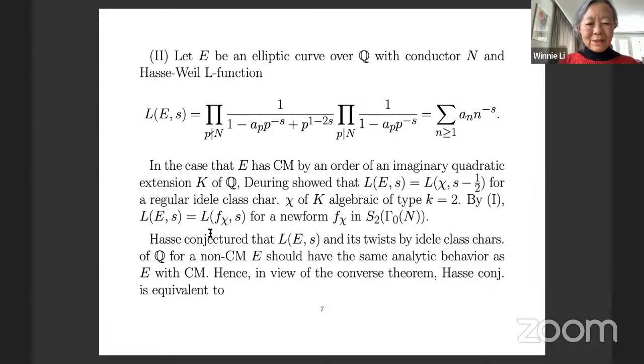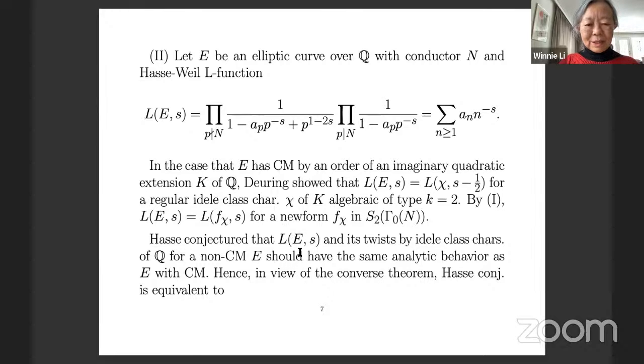The Hasse conjecture says that if we look at this Hasse-Weil L function for an elliptic curve, and its twists by ideal class characters of Q, and for an elliptic curve E without CM, then this L function should behave the same way as for elliptic curves with CM.